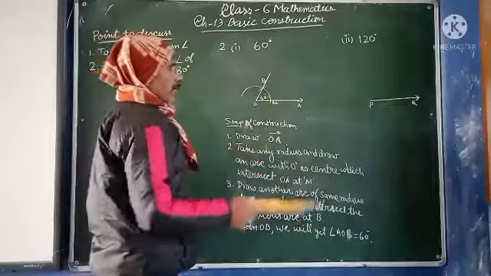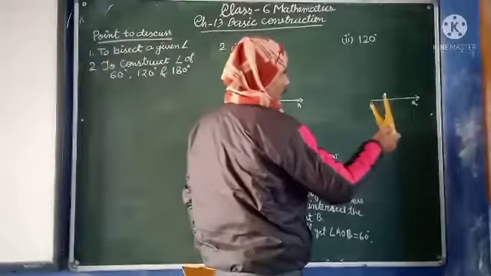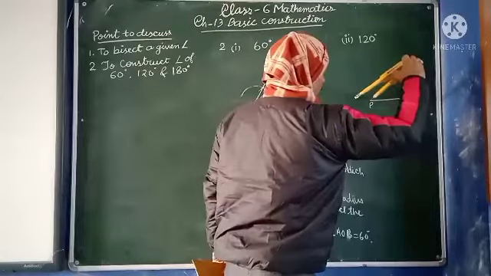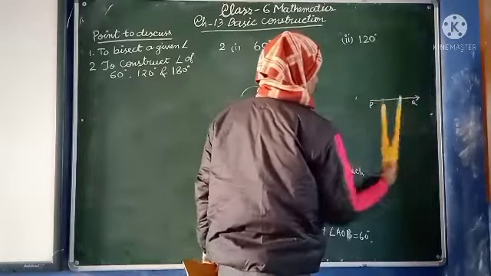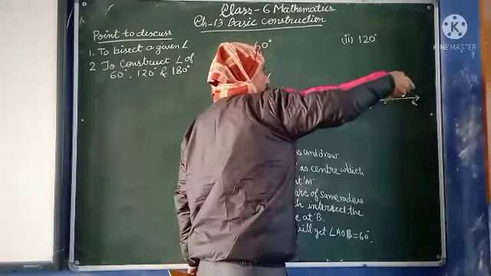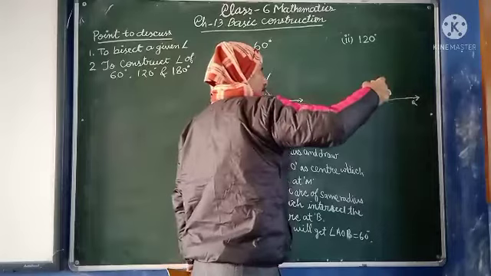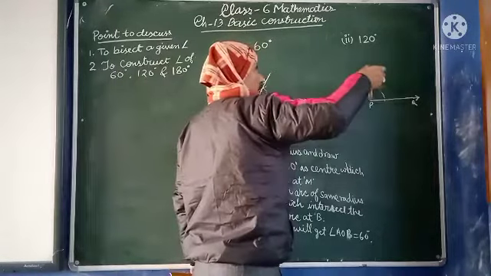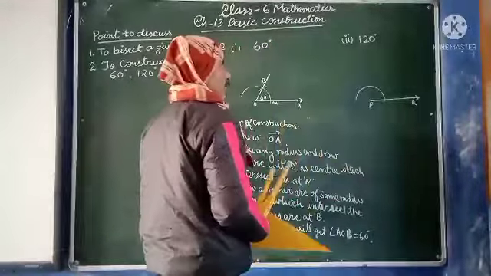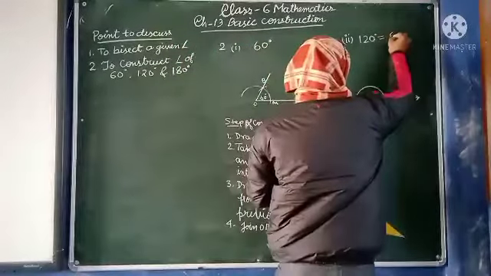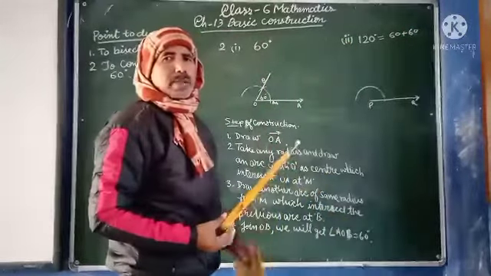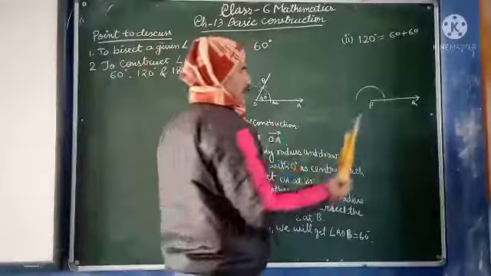If you want to make the 120 degree angle, you have to do the same. Take any radius in your compass and draw an arc with P as a center. Now 120 is equal to 60 plus 60. So it means with the same radius you have to draw the arc two times.